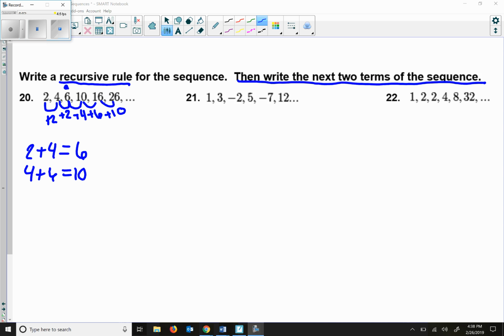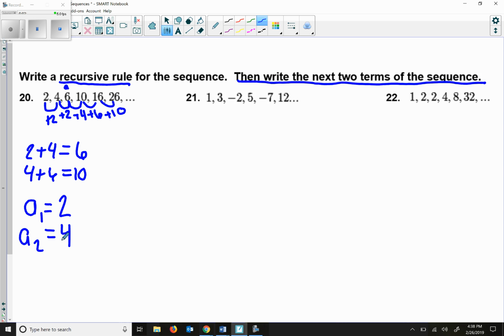That pattern continues. So for this particular recursive rule, you need to define the first 2 terms. You need to say that a sub 1 is 2 and a sub 2 is 4. Now, some of you are probably thinking, well, Mrs. K, that's great, but how do I come up with this rule?